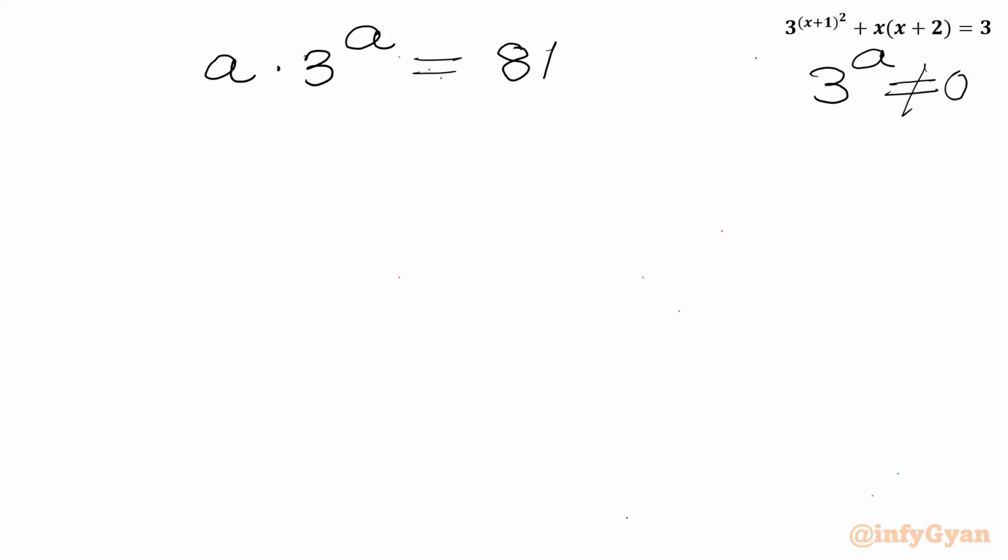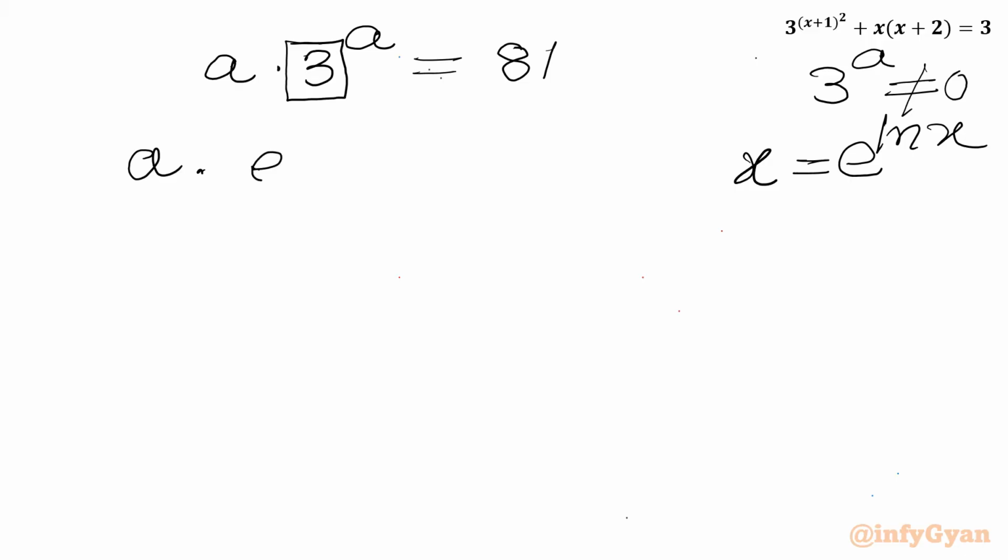Now I will use another property from exponents. It is x equal to e raised to the power ln x, which we will apply here in the base 3. So a times e raised to the power ln 3 whole power a equal to 81.